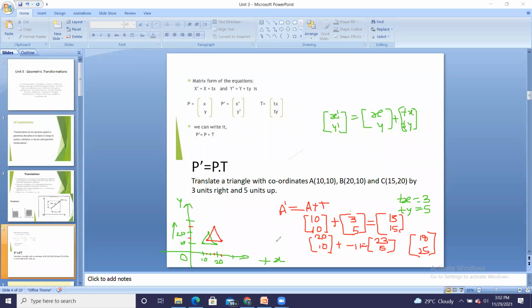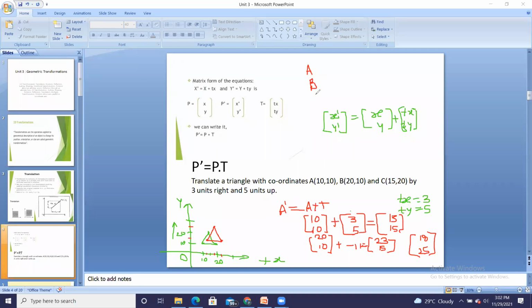So try to solve a problem which I will give you right now. You have to translate a rectangle. So just note down the coordinates of a rectangle. Let us say ABCD is the rectangle.